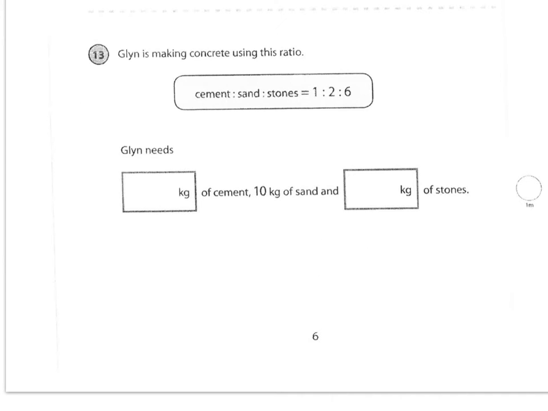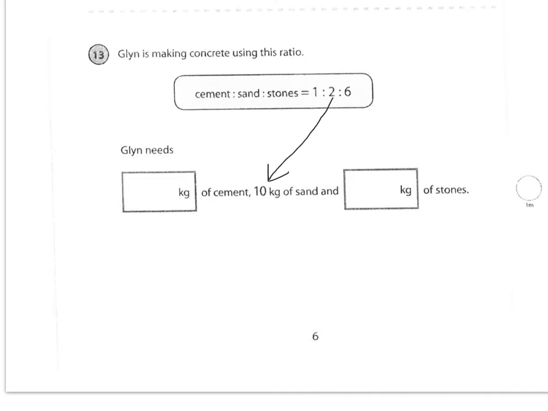Glyn is making concrete in this ratio: cement, sand, stones, in the ratio 1 to 2 to 6. So the question says Glyn needs blank kilograms of cement, 10 kilograms of sand, and blank kilograms of stones. So we need to focus our attention first on this middle number, the 2, which is the sand, and that links to 10 kilograms in the final statement.